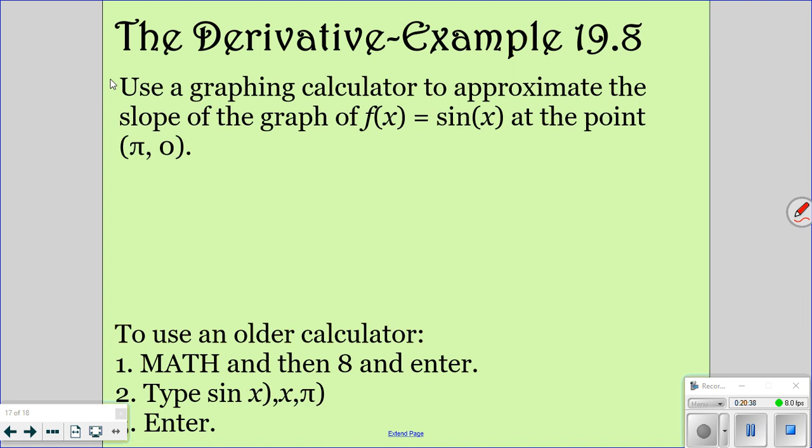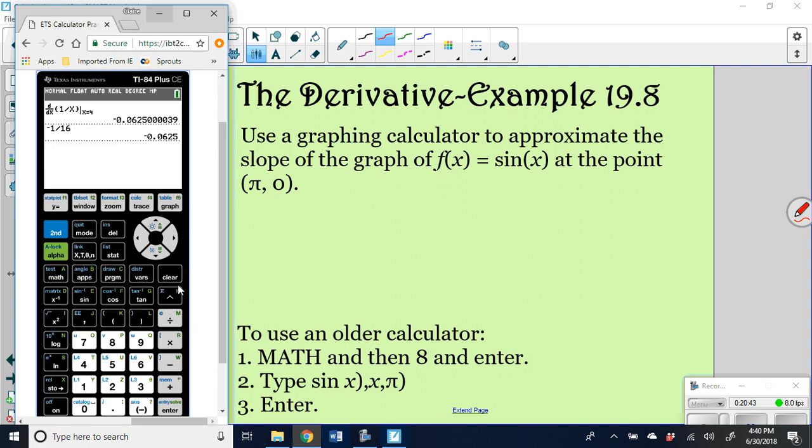Okay, so we're going to use another one to approximate the slope at the point pi, 0. So we need to be in radians because this is a pi. So go change your calculator to radians. And if we're doing derivatives, we're going to go to math and then 8 for derivative. Our variable is x and our function is sine of x. And we want to know when x is equal to pi. And then you hit enter, and it gives you negative 0.999999833.